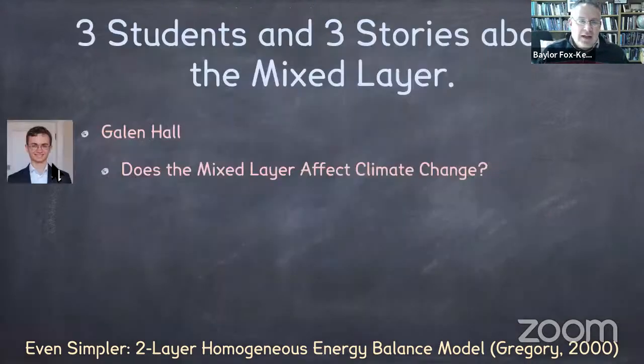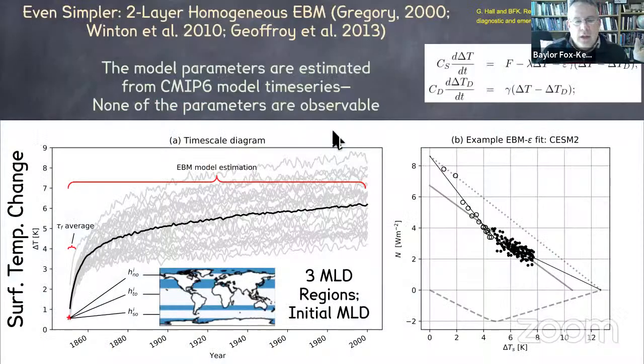So let me tell you what Galen figured out. The key question we asked was, does the mixed layer affect climate change? And in particular, does the mixed layer relate to climate sensitivity? We picked up on a thread following a lot of work started by Jonathan Gregory, who also noticed that the active layer of the ocean was definitely not coincident geographically with the mixed layer, even though they're conceptually entangled in our mind.